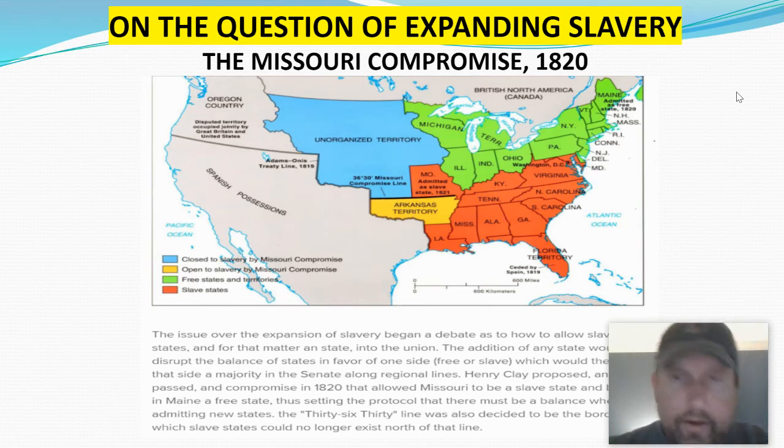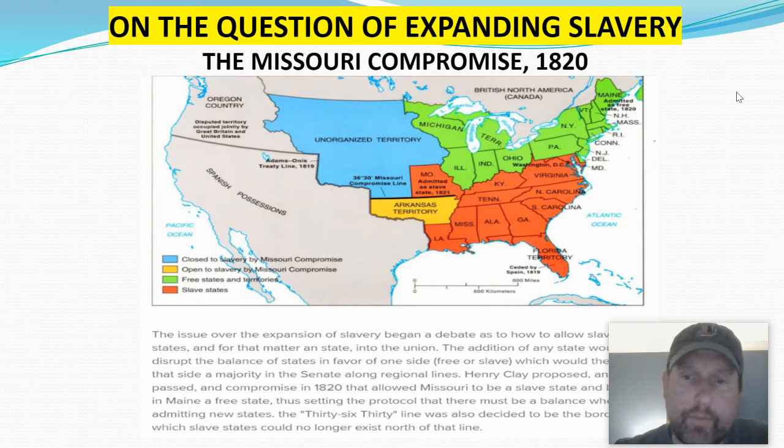Well, America really fails to address that problem adequately early on. And instead, what we're going to witness is a series of incidents where we just kind of kick the can down the road. And we start with the Missouri Compromise.